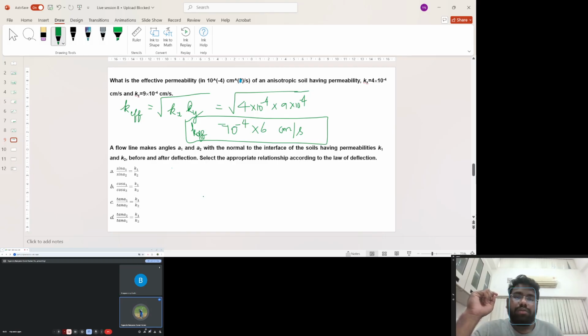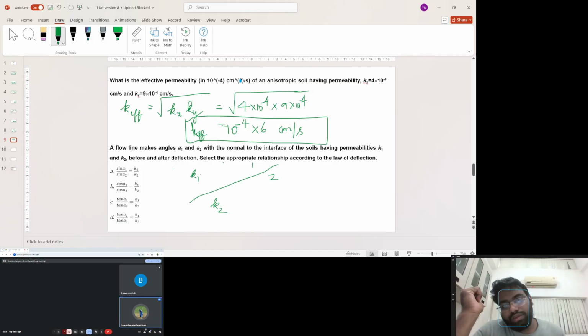Now we have an interface between two soil layers. This is soil layer 1 and this is soil layer 2, and this has a permeability of K1 and this has a permeability of K2. Alright. Now the flow line, that is the flow of water, is coming at some direction. This is the normal, sorry. So this is the interface.